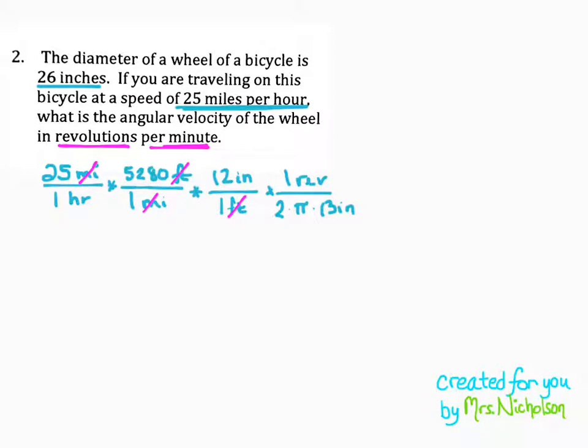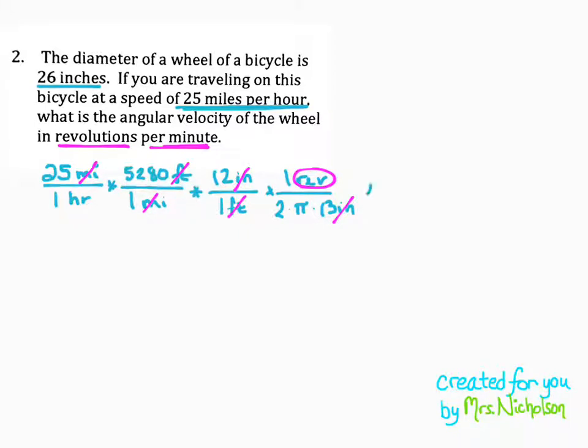So now I can cancel inches. And so in my numerator, now my unit is revolutions. And remember, if we look back at the problem, I'm looking for an answer in revolutions per minute. So right now I have revolutions, but unfortunately it's per hour. In the denominator, I still have hours. So we've got to do one more conversion.